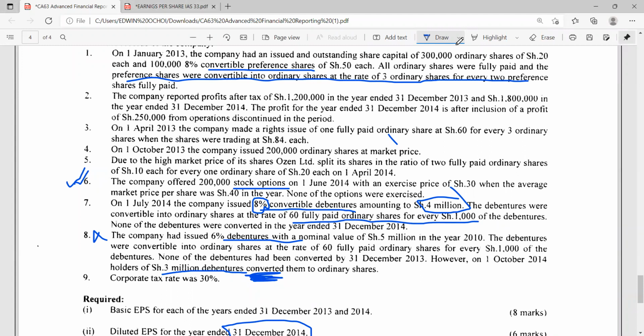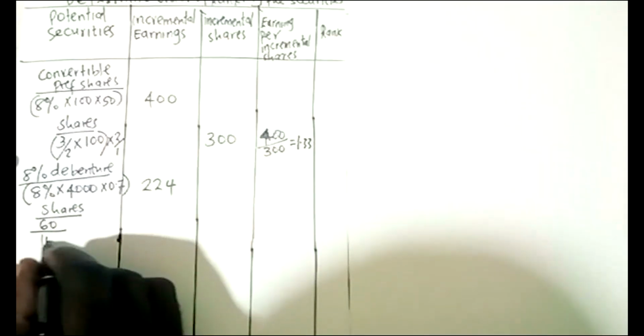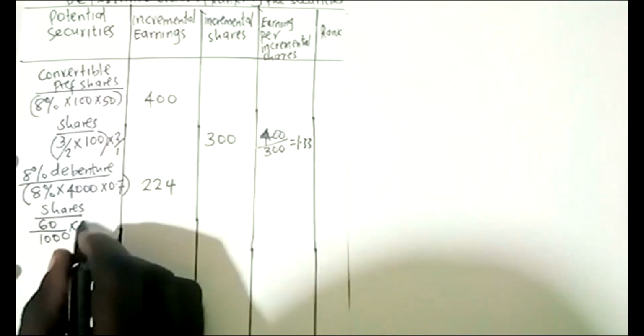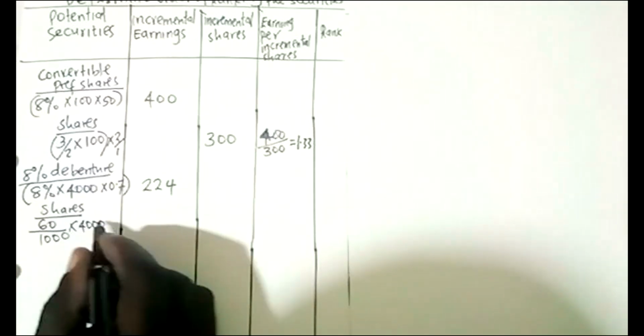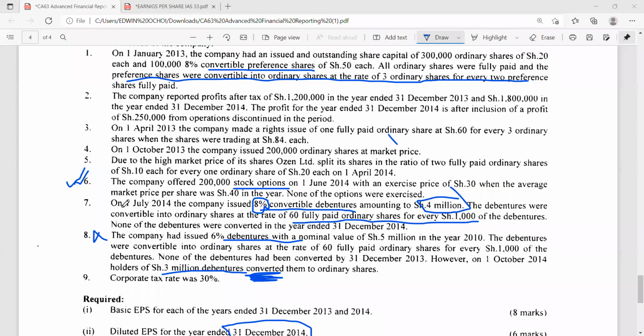60 ordinary for every 1,000, times the 4,000. Am I supposed to split? No. Why? Because this security of 4,000 was issued after April.